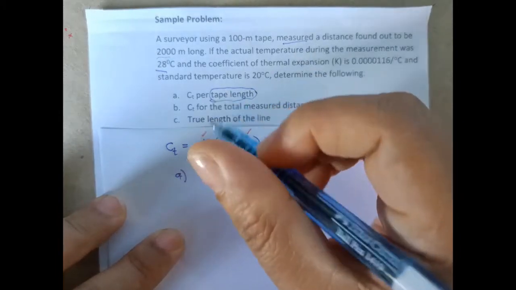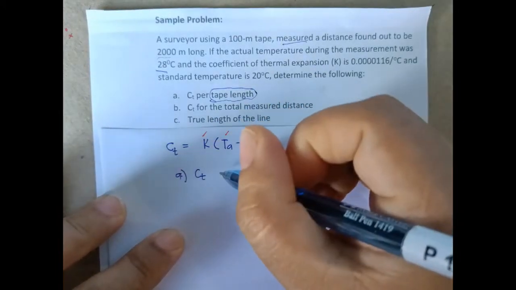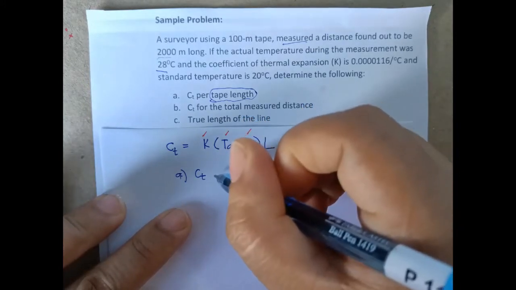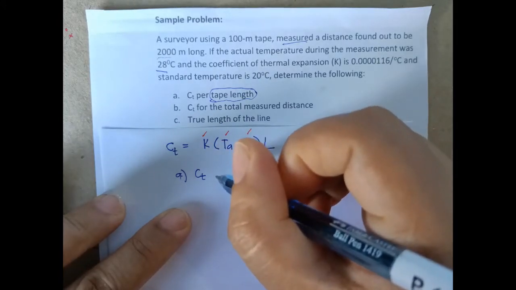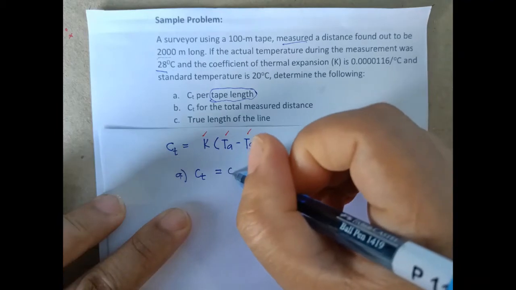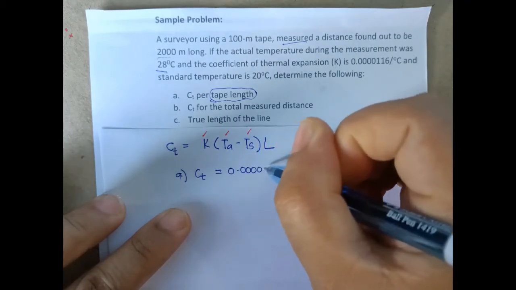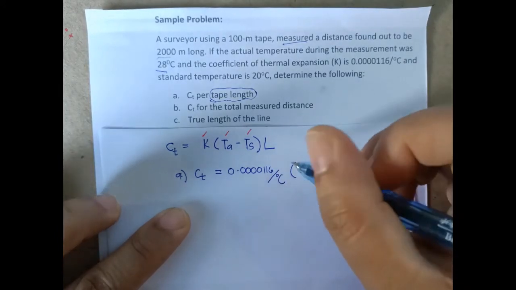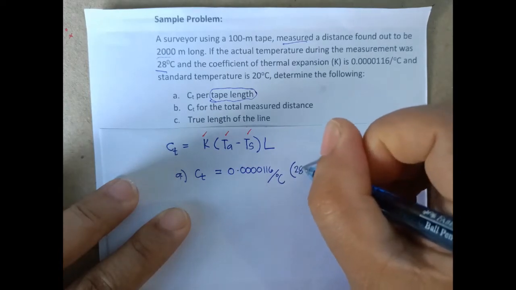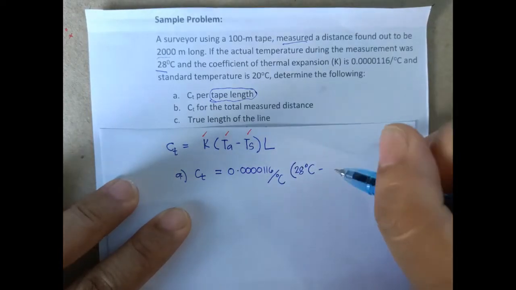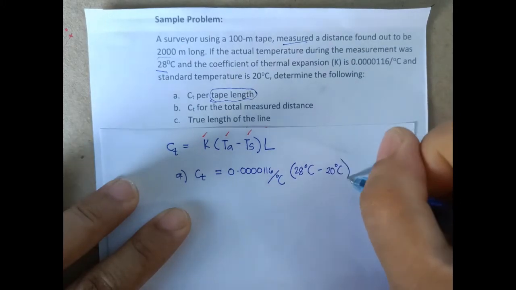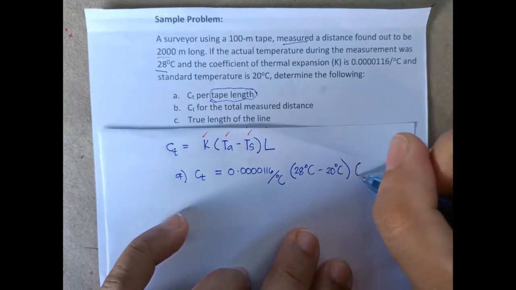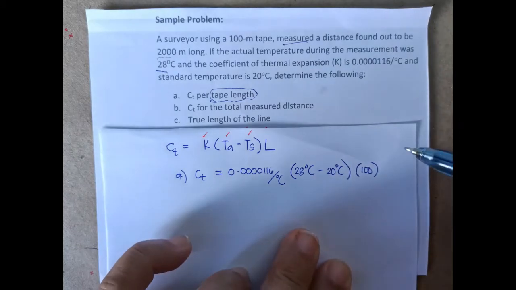So for A, we are asked to solve the correction due to not standard temperature, which is CT equal to 0.0000116 per degree Celsius, times the actual, which is 28 degrees Celsius minus 20 degrees Celsius, times L. L here is 100 meters. Why 100 meters?